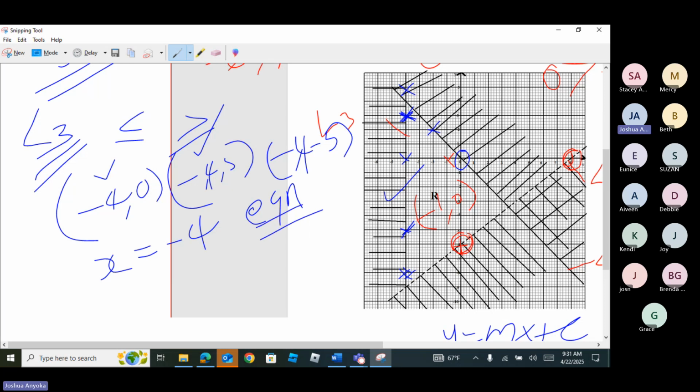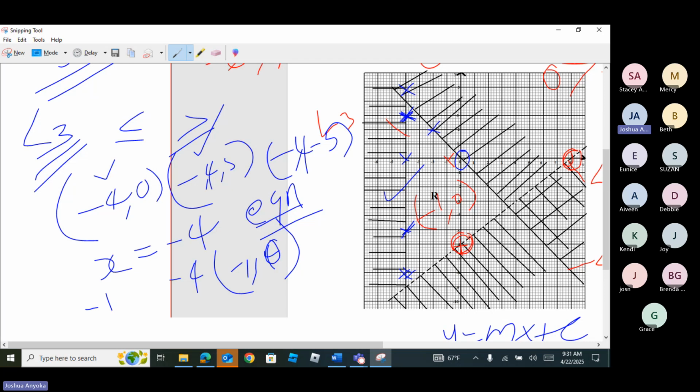Take a point inside the wanted region, negative 1, 0. Substitute here: x is negative 1. So negative 1, skip some gap, negative 4. Between negative 1 and negative 4, which number is bigger?